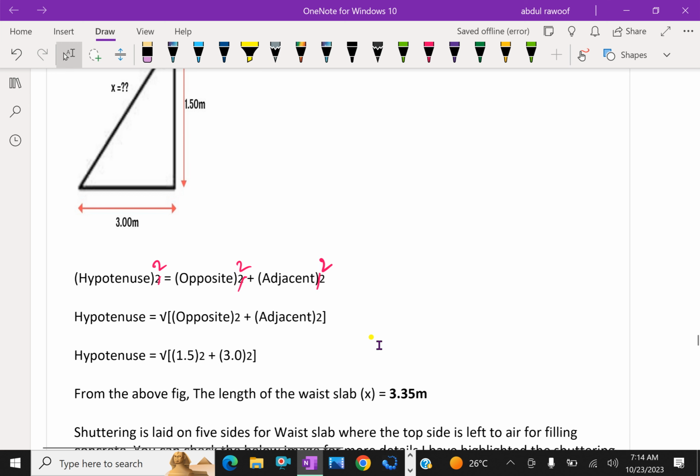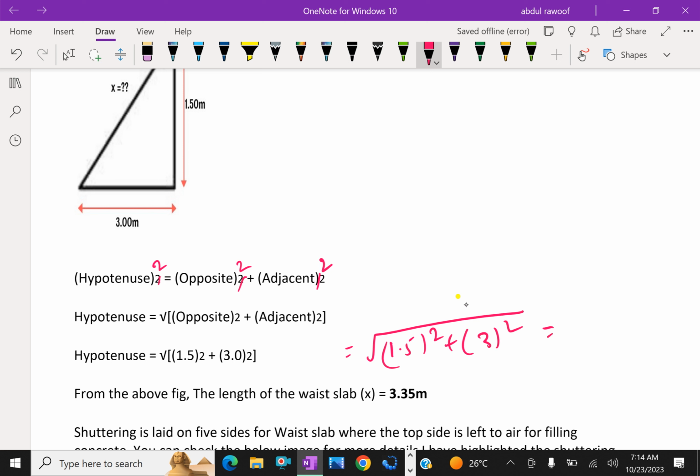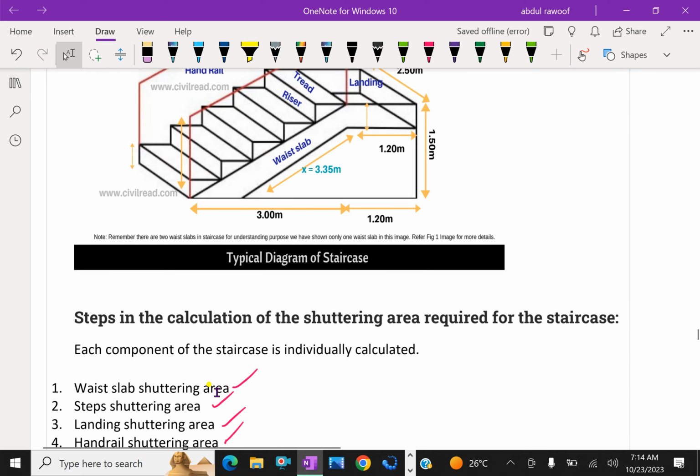So the hypotenuse equals square root of 1.5 square plus 3 square, which is approximately 3.35 meter. Therefore, the raised slab length is 3.35 meter.